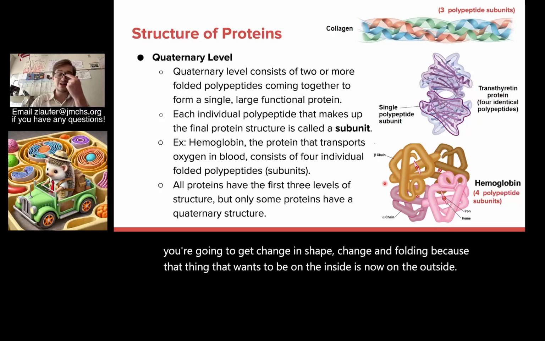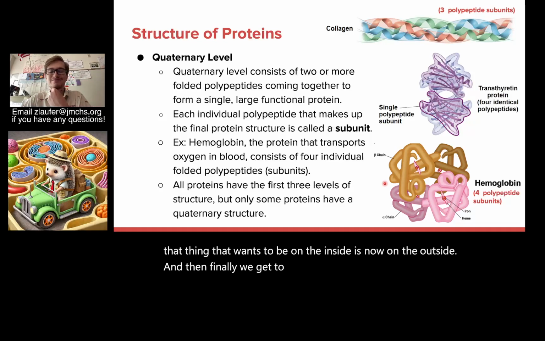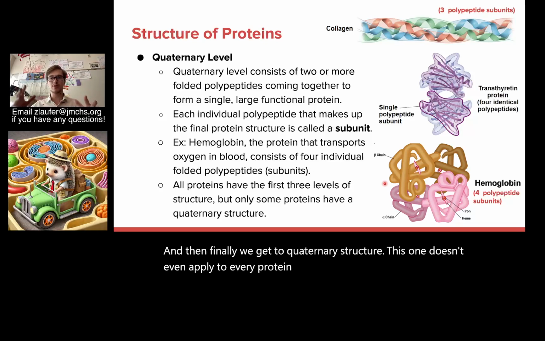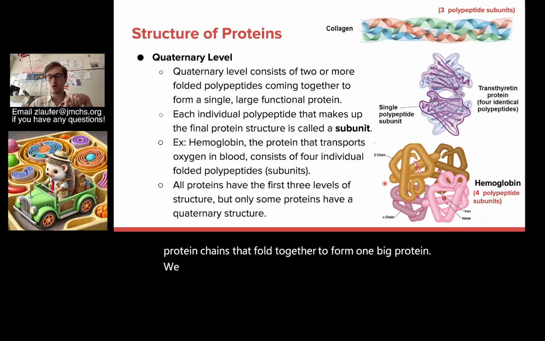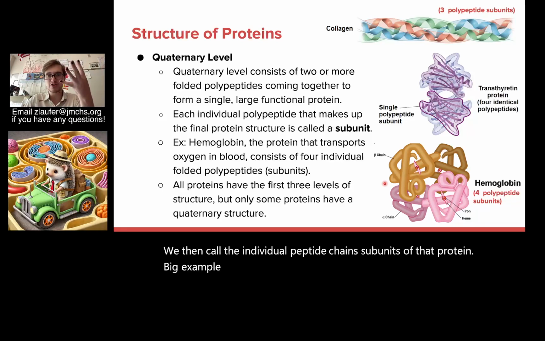And then finally, we get to quaternary structure. This one doesn't even apply to every protein. It's only when you have 2 or more protein chains that fold together to form one big protein. We then call the individual peptide chains subunits of that protein. Big example is hemoglobin. It's made up of 4 subunits, and each of them individually don't carry oxygen.